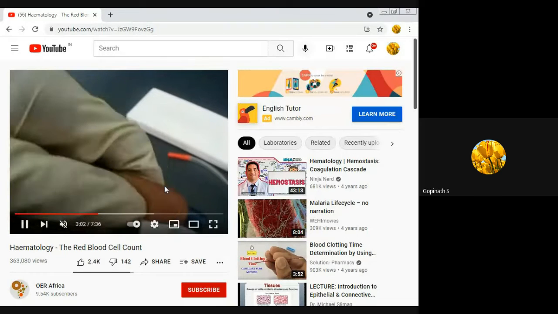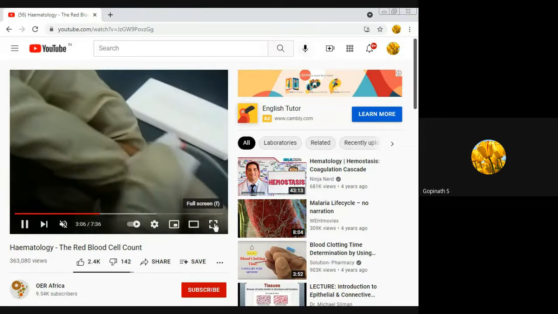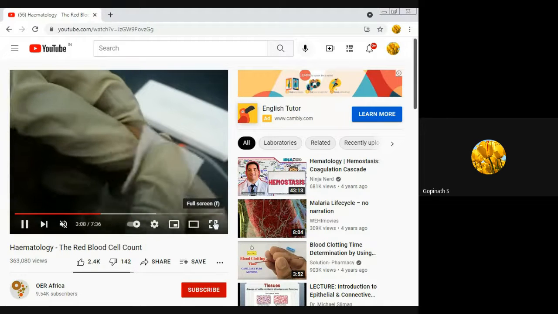Now he is going to take the blood sample. Okay.